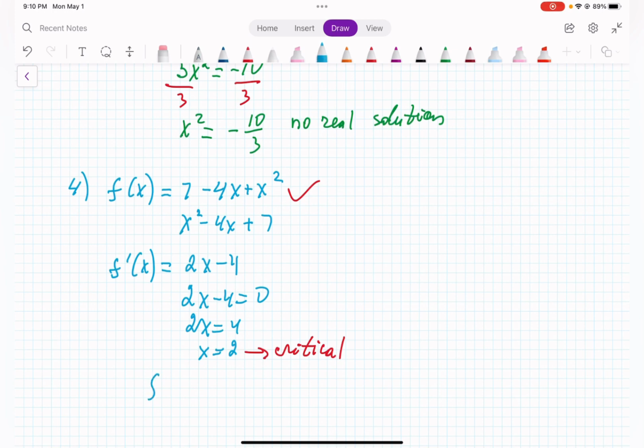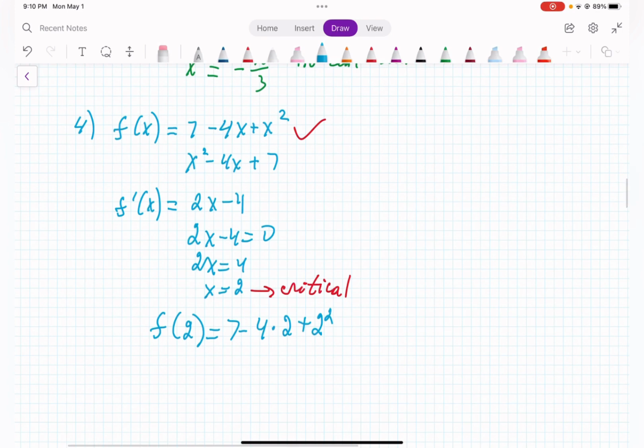So f of 2 is going to be equal to 7 minus 4 times 2 plus 2 squared. So this is going to be 7 minus 8 plus 4. 7 minus 8 is negative 1. Negative 1 plus 4 is 3. So our coordinate is going to be 2 and 3, the coordinate for the critical value.